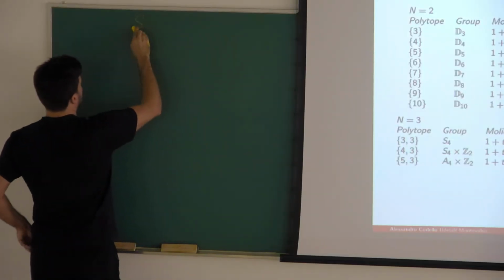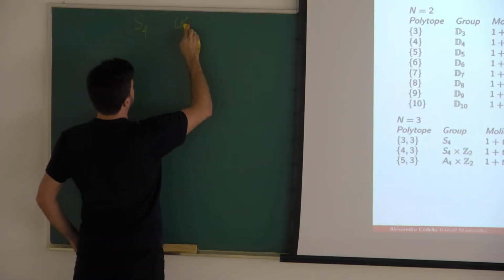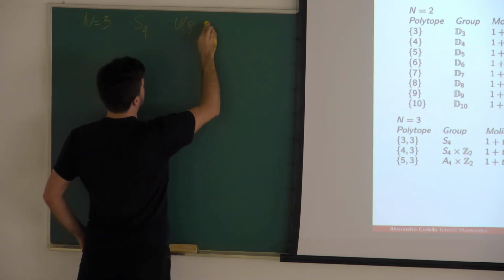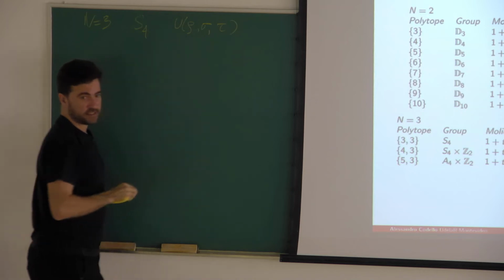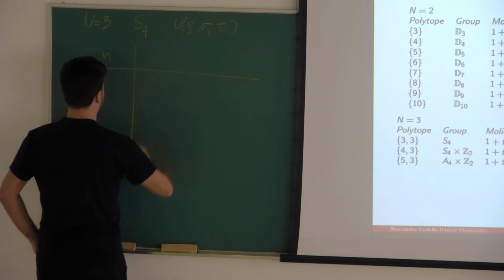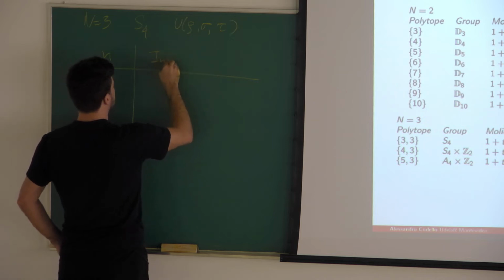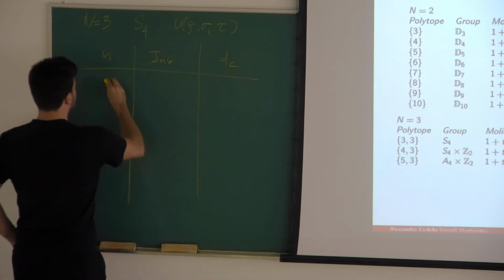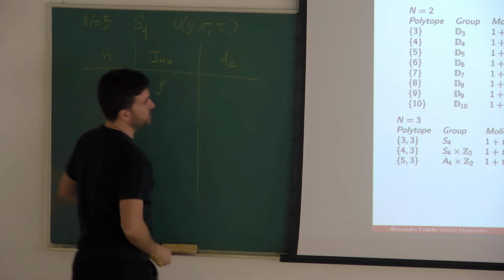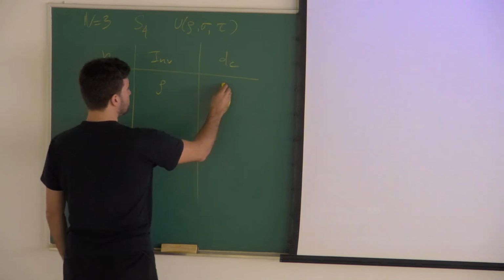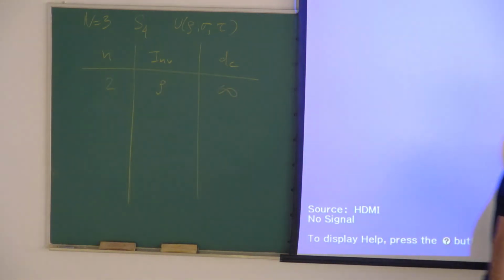So now we get S4, and we have n equal 3. So the potentials rho, sigma, and tau will depend on 3 independent invariants. And we have n, we have the invariants, and we have the critical dimensions, which are, with 2 we have 1, which is our rho, and the dimension is this one.